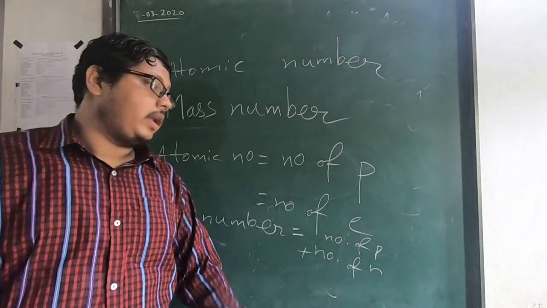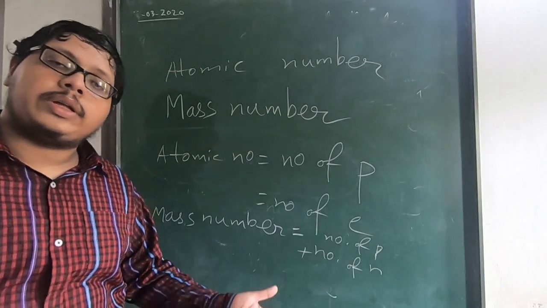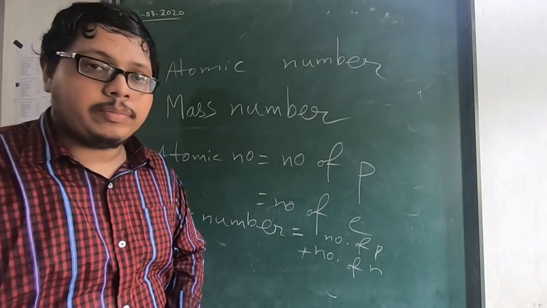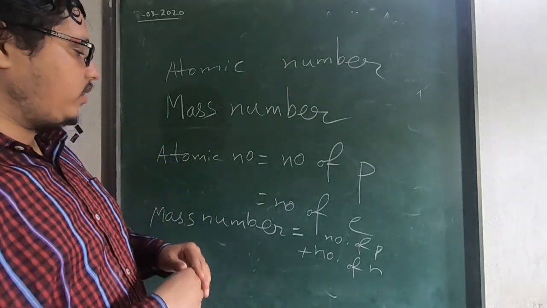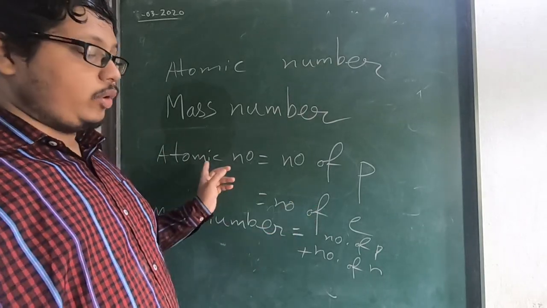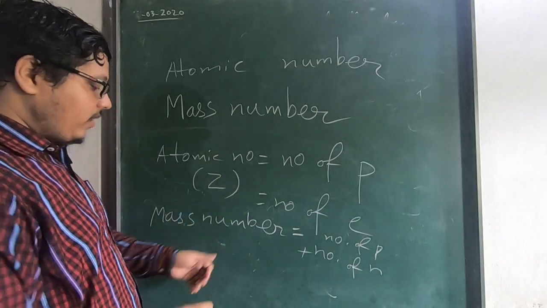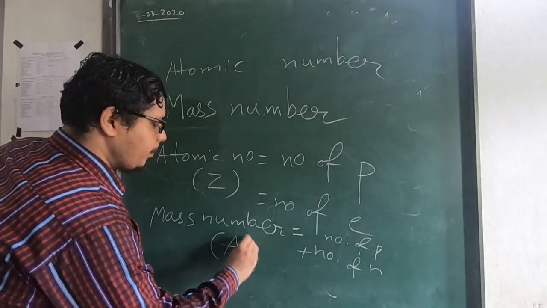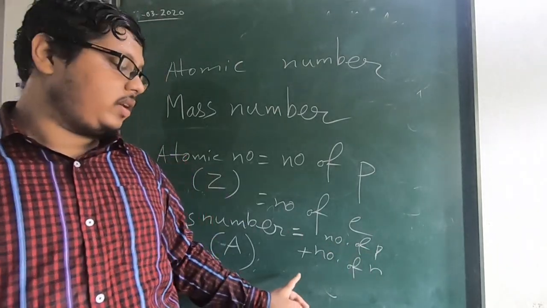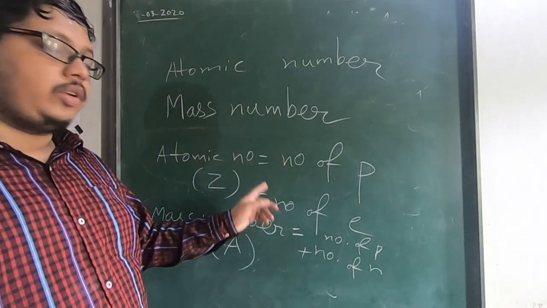Atomic number is the number of protons, and since we know that proton is always equal to electrons in an atom, number of proton is also equal to number of electron. It is equal to the atomic number, which is given the symbol Z. And mass number is given the symbol A, and it is equal to the number of proton plus number of neutron. Okay? This is a very important information that you need to know.